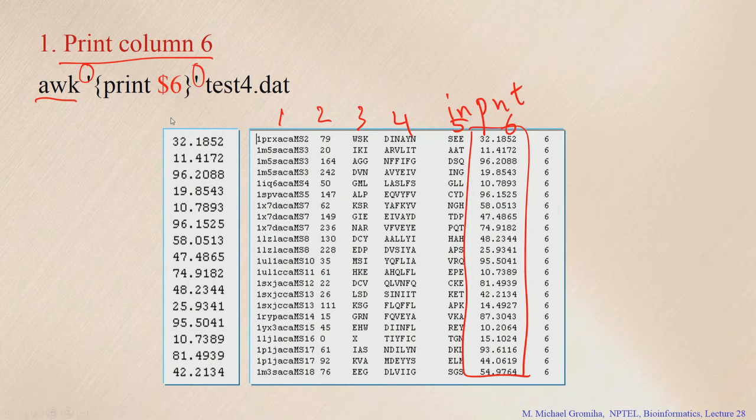You put print and then 6, the 6th column. Once you mention that, you will get the output. If you run this on this file, the 6th column gives values like 32.18, 11.41. You can see this output, and that is fine.